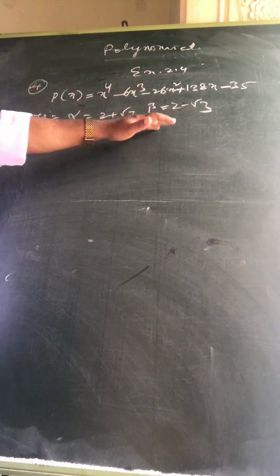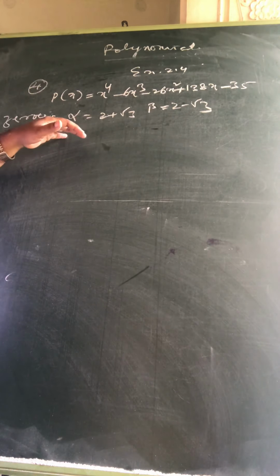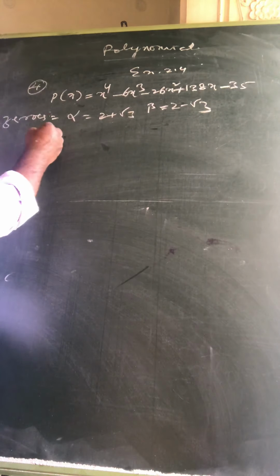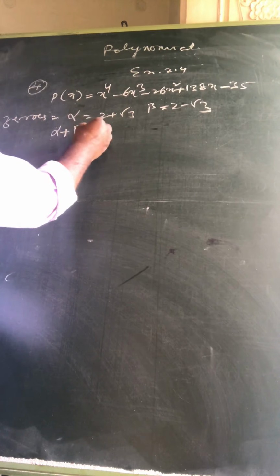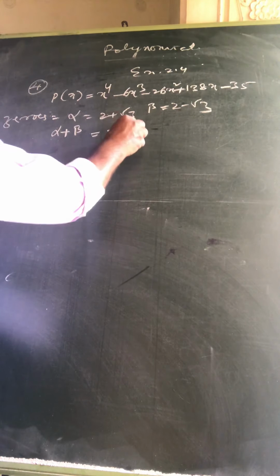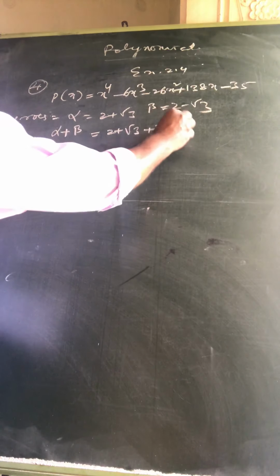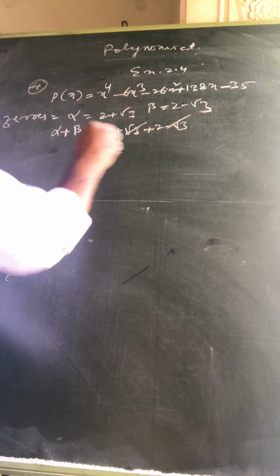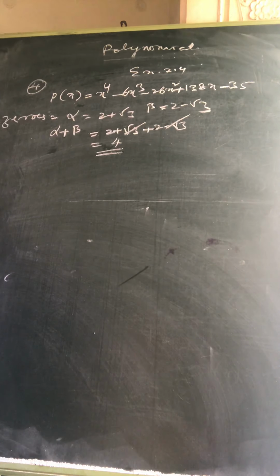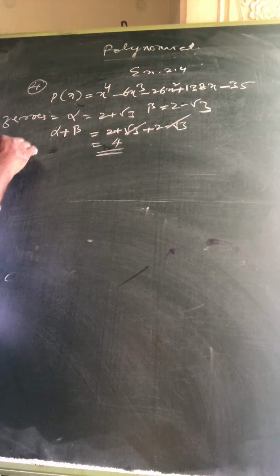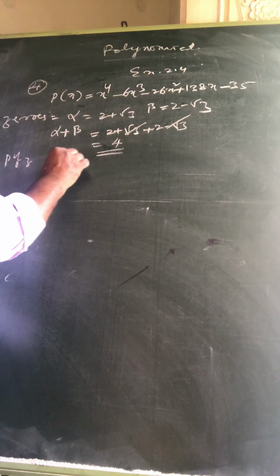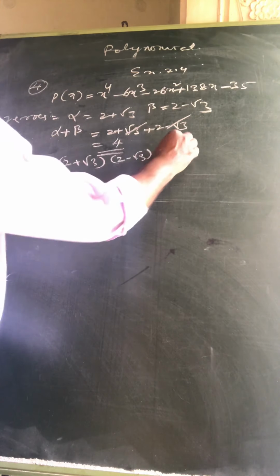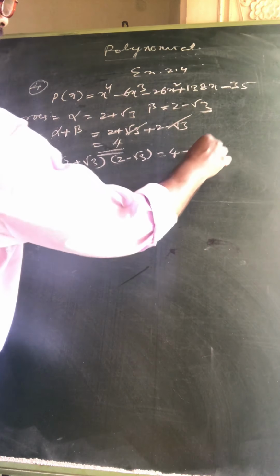When we have these 2 zeros, we can find the quadratic polynomial. The sum of the zeros, alpha plus beta, is 2 plus root 3 plus 2 minus root 3, and root 3 cancels, giving 4. The product of zeros is 2 plus root 3 into 2 minus root 3, which is 4 minus 3, equal to 1.